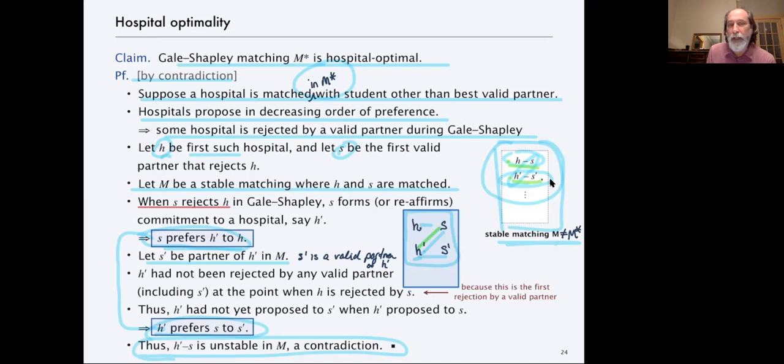So the Gale-Shapley algorithm, although it's not obvious, always produces as output a stable matching in which every hospital is matched with their best valid partner, the best student they could possibly be matched with in a stable matching.